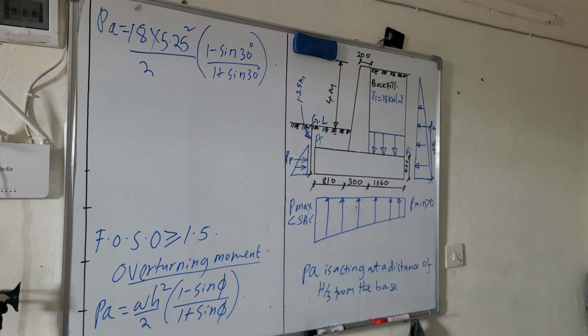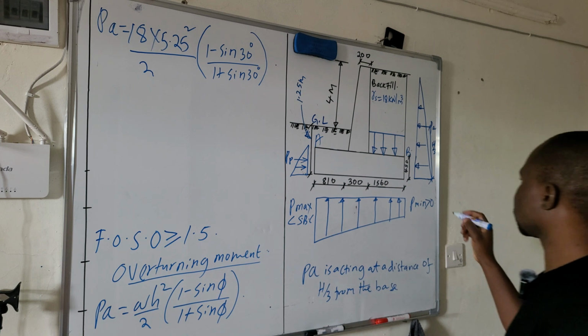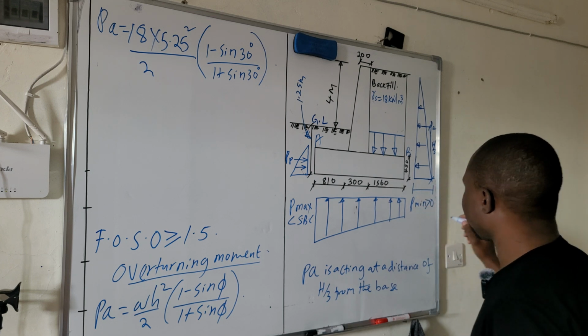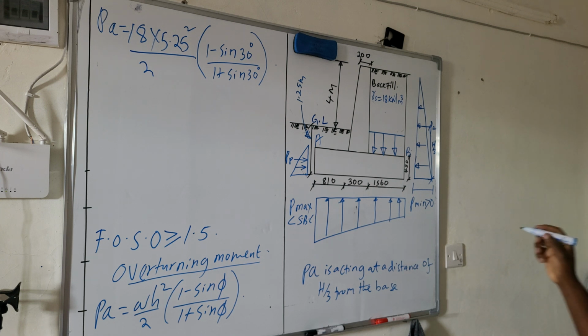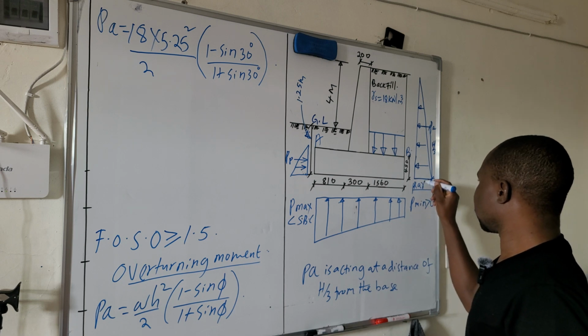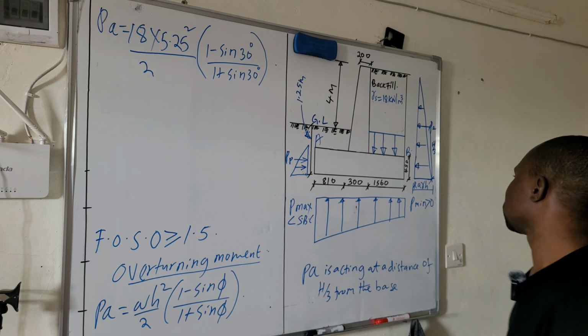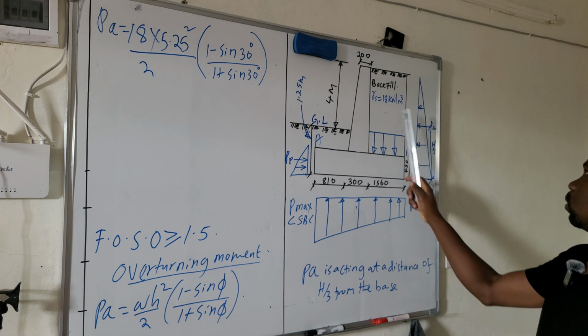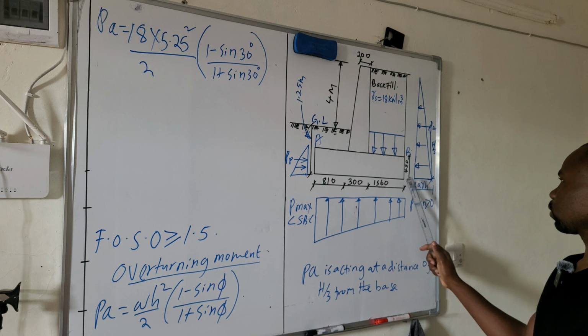Again, something you should know about this pressure as a result of the retained soil: this base, this distance, is given by Ka times density times H. So Ka is the Rankine's coefficient of earth pressure, and this is the unit weight of the soil, which is 18, and H is this distance from here to here.